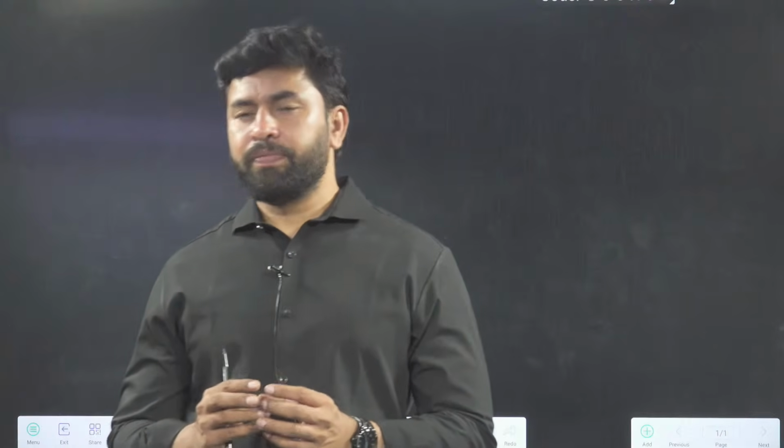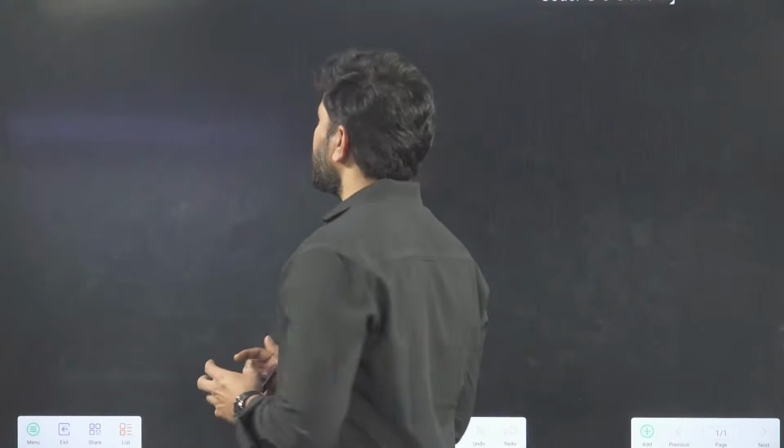Up to the last class, we have discussed dicotyledonous stem, root, leaves, and also monocot bodies. Next, we will discuss a small concept that is called secondary growth.